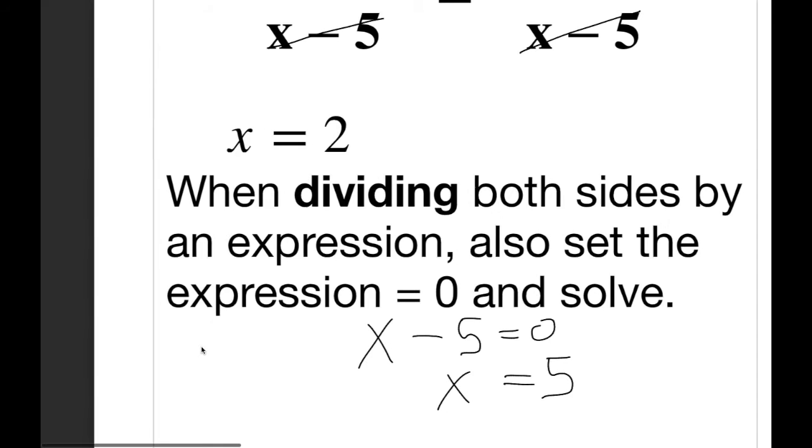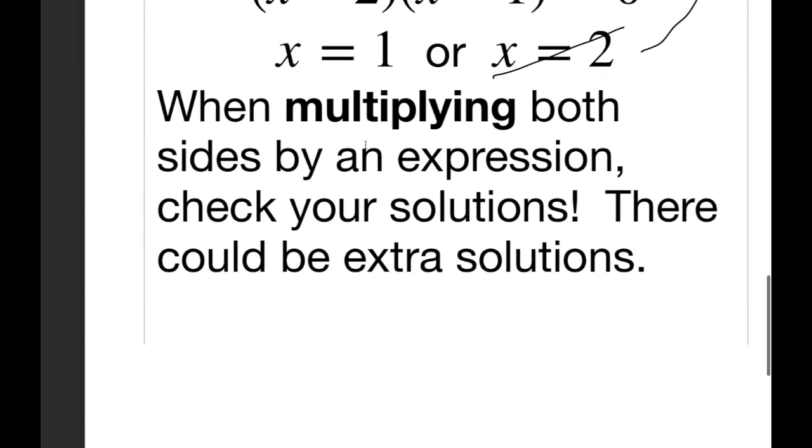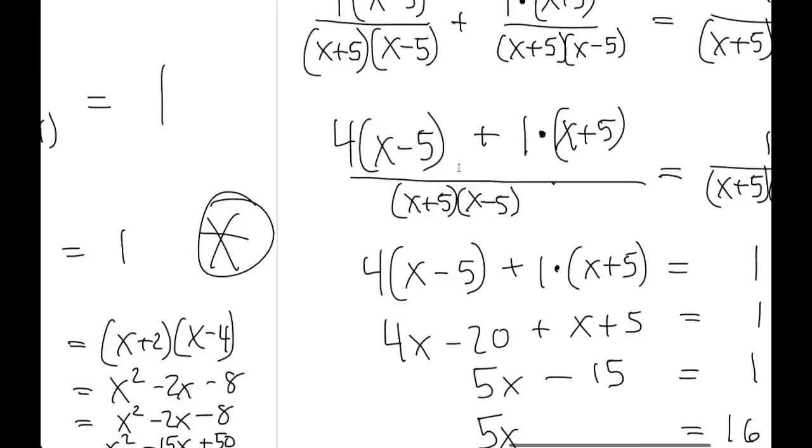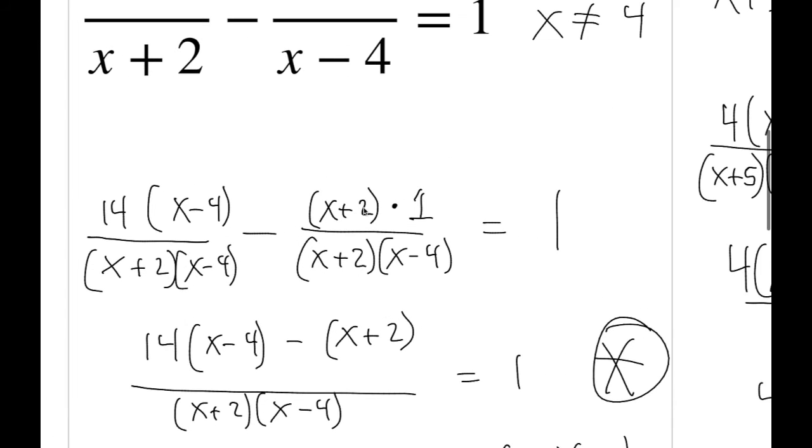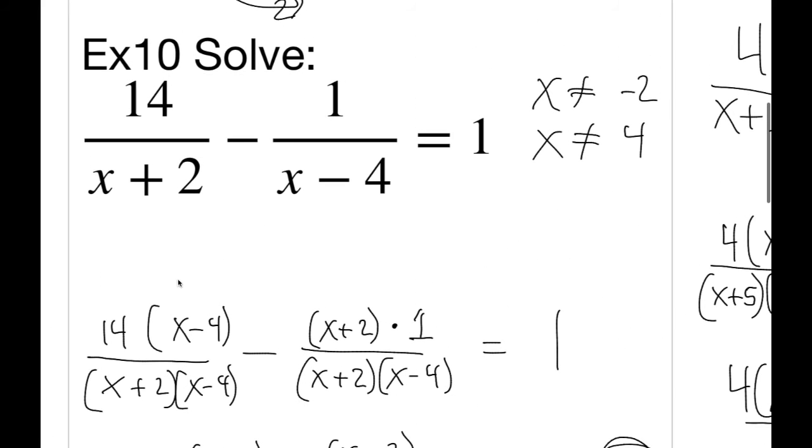This does not automatically activate this because it's multiplying. We're not multiplying both sides of an equation. We are simply multiplying this one fraction by a form of 1 here. And then here we are multiplying this for the same reason.